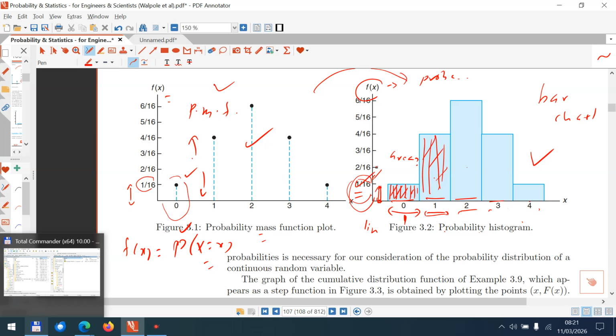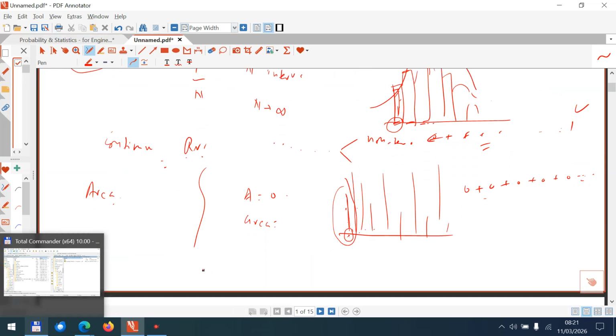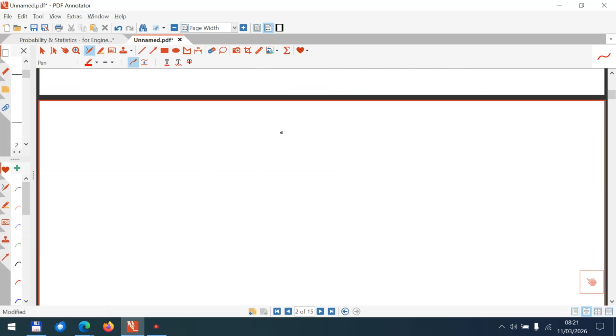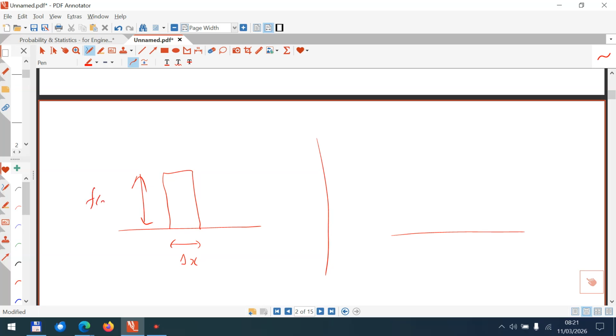So now I'm asking that question on a different page. Let me draw a line and I'll ask one question here and one question here. Let's say I have a rectangle and this has a width which is not 1. So let's say this width is delta x. I am still calling it f of x, but I don't know whether it's a probability or not.